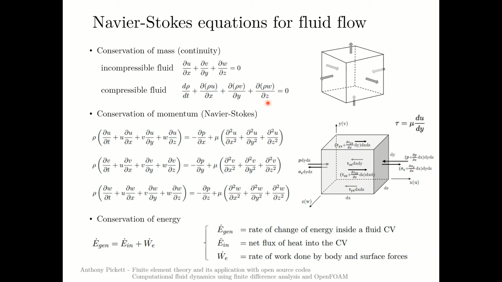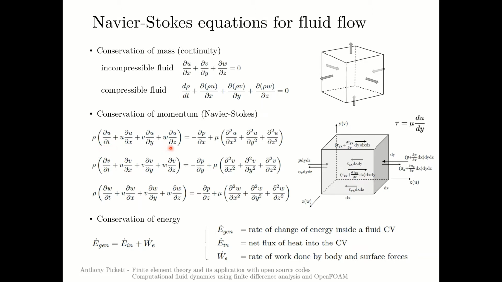For conservation of momentum, I introduced this on the previous slide, and there it was expressed in non-conservation form. Now we've converted it here to a conservation form. So the Du/Dt on the previous slide, this was a large D in the Du/Dt, is replaced by this here.